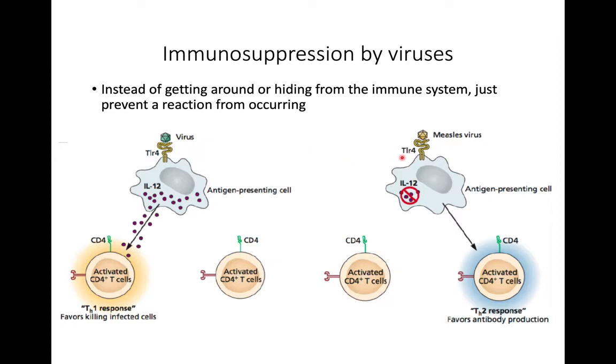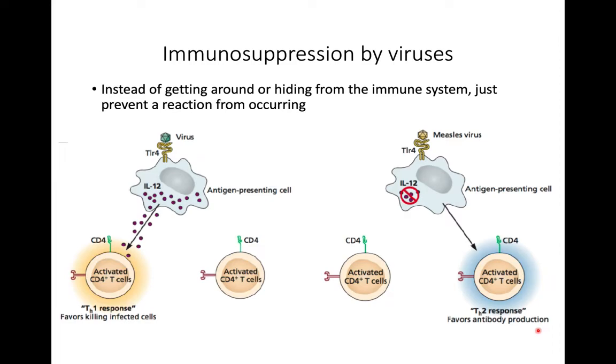What measles does is it still interacts with TLR4. It still gets recognized, but it prevents the expression and secretion of IL-12. So we don't get IL-12 made. We don't generate a Th1 response. Instead, we generate a Th2 response that's going to favor antibody production. Antibody production can have an important role in clearing viruses, but antibodies alone are not going to do it.